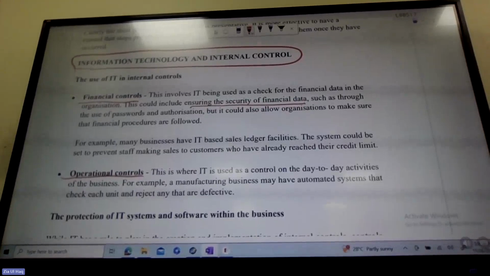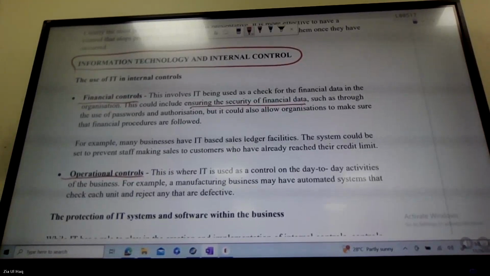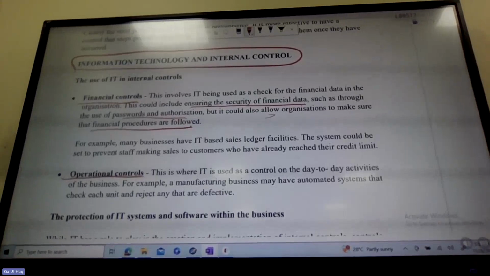So you will be liable for that. If a customer lost anything due to a leak of data from your system, you will be liable. So you need to keep security controls over that data, such as through the use of passwords and authorization.